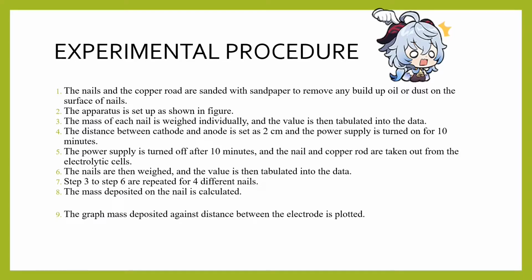The power supply is turned off after 10 minutes, and the nails and copper rod are taken out from the electrolytic cell. After that, we weigh our nails and tabulate the values into the data. Then we repeat the steps for 4 different nails.